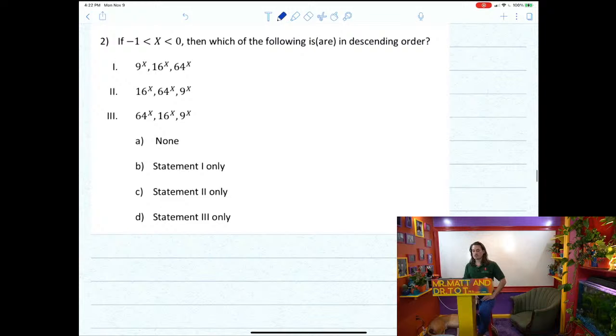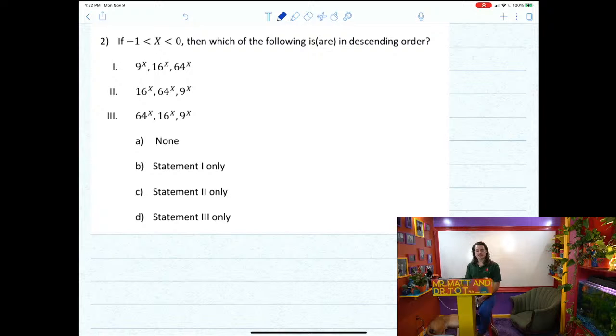Let's look at question number 2, and this will be the last question for today. If negative 1 is less than x, which is less than 0, then which of the following is or are in descending order? Statement 1 says 9 to the x power, comma, 16 to the x power, comma, 64 to the x power.